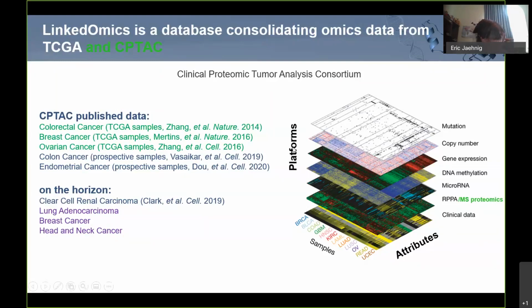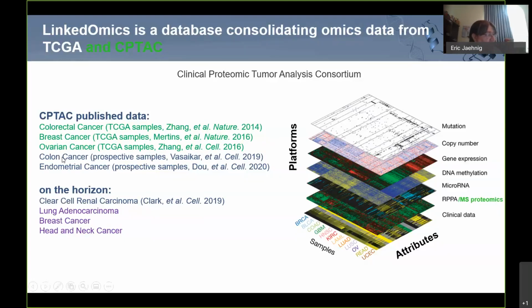The first round of CPTAC involved mass spectrometry based proteomics analysis on residual material left over from three TCGA cohorts, the colorectal, breast, and ovarian cancer cohorts.